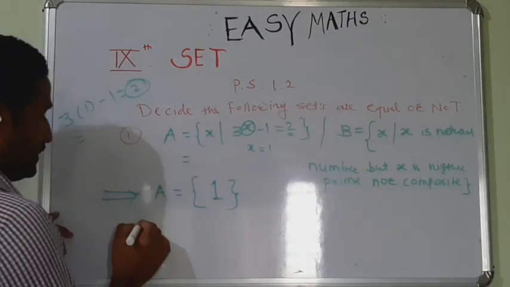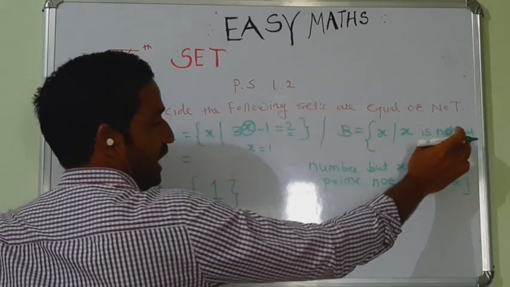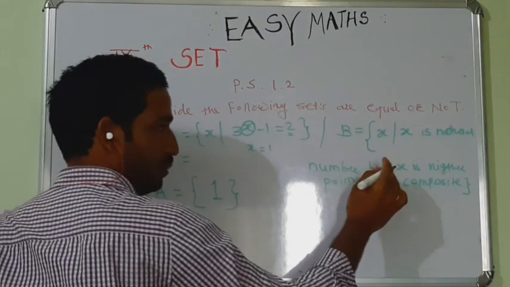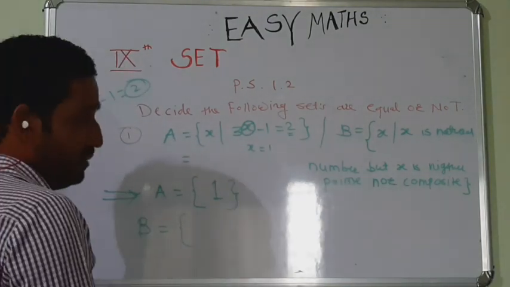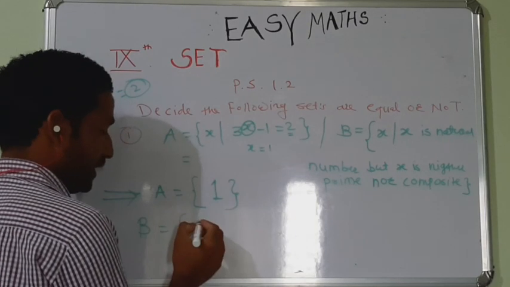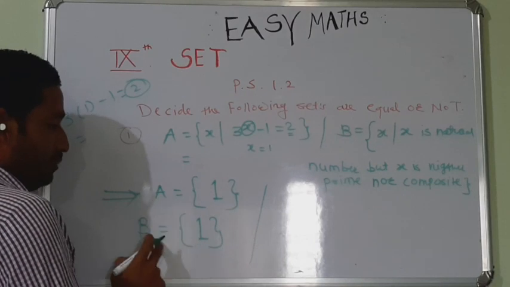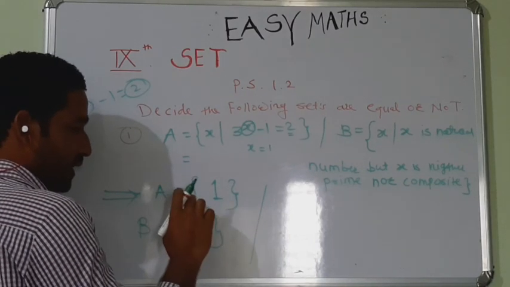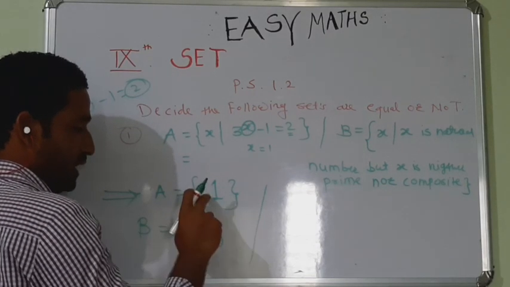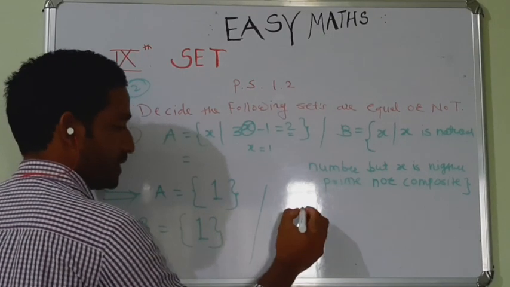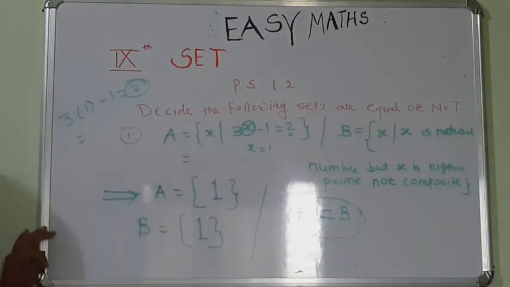And second one, set B equal to {x such that x is a natural number, but x is neither prime nor composite}. Then we get x equal to 1. Here in set A and set B, the elements are exactly the same, so we can say that set A and set B are equal sets. Got it?